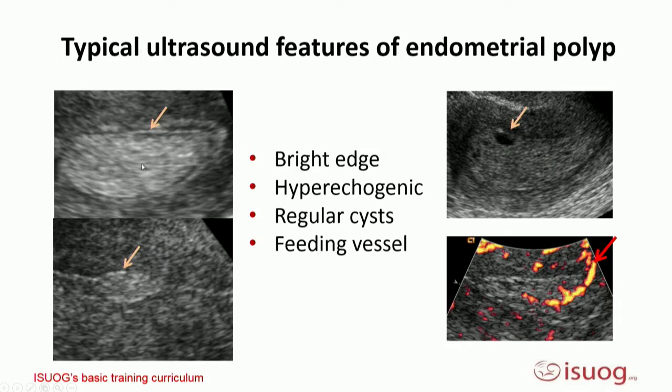Most polyps are hyperechogenic, and in postmenopausal women, polyps often contain regular cysts. And if you switch on the color Doppler function of your ultrasound machine, you might see a so-called feeding vessel, one large vessel seen to penetrate into the endometrial echo from the surrounding myometrium.